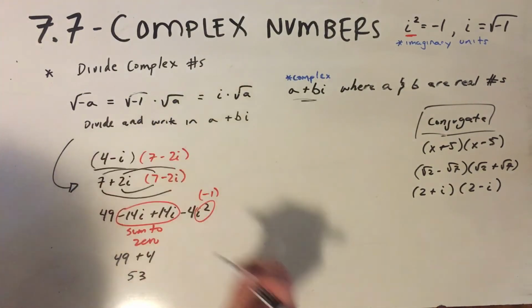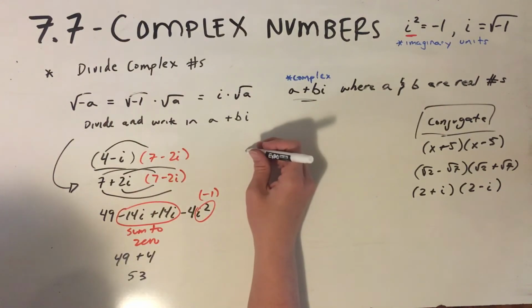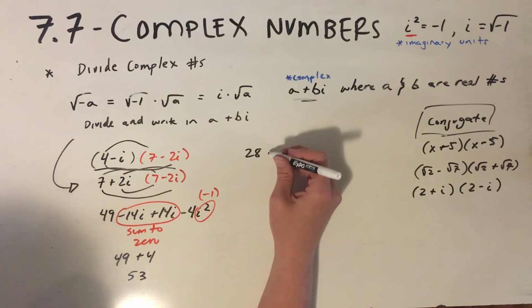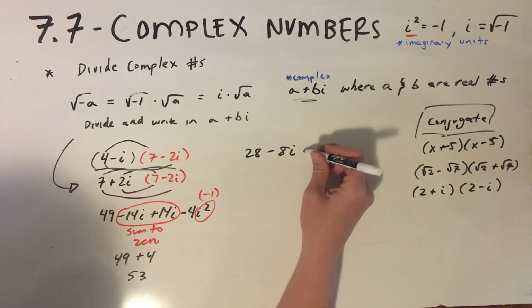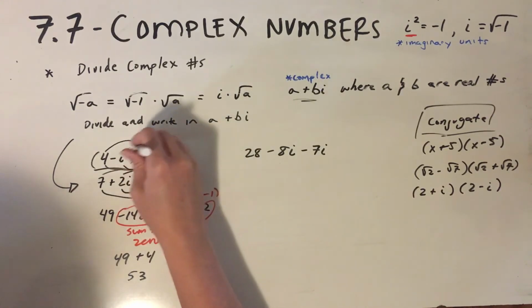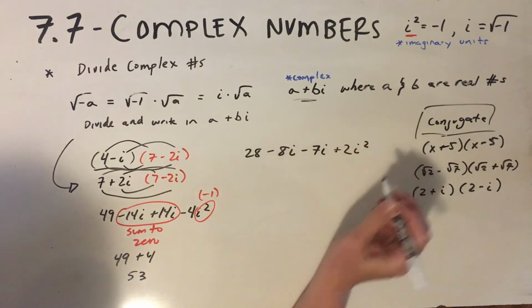Now I'm going to come up here and I'm going to FOIL these. So 7 times 4 is a 28. 4 times -2 is a -8, and I still have the i. 7 times the -i is going to be a -7i. Okay, and negative times a negative is going to give me a positive 2i squared.